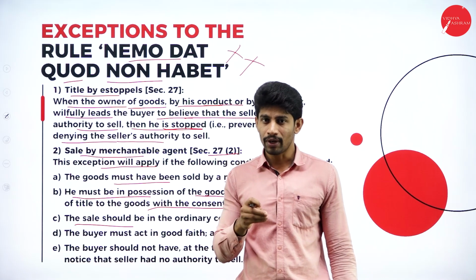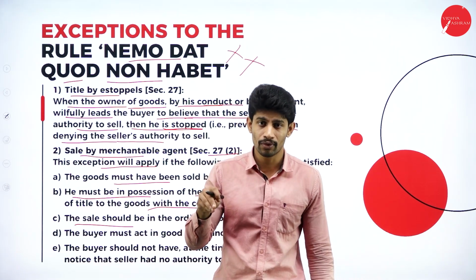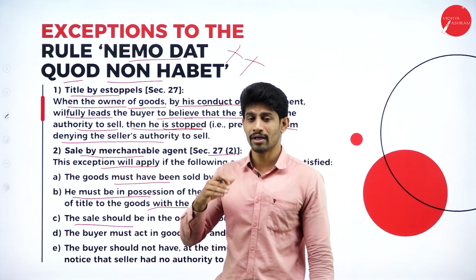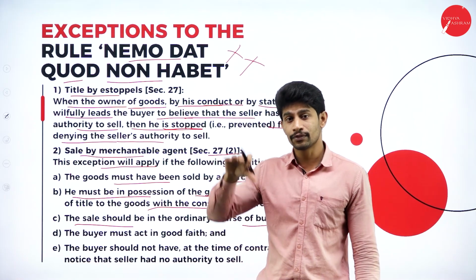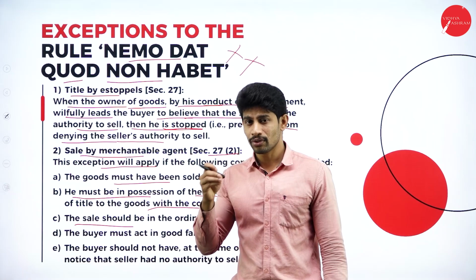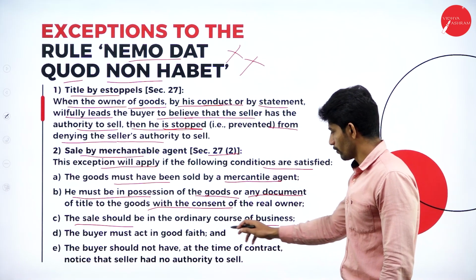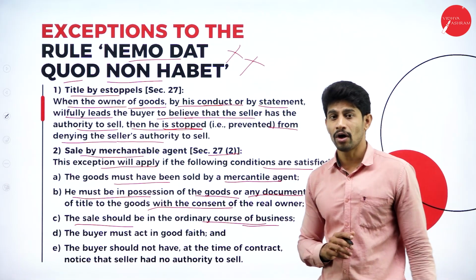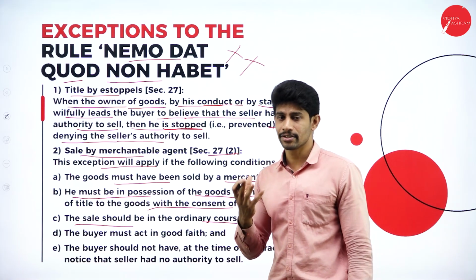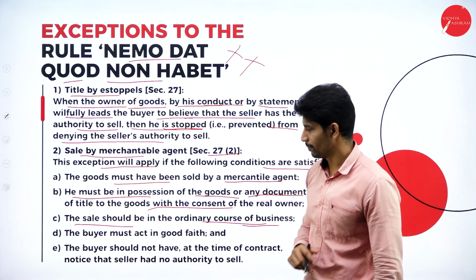You need not ask the shopkeeper whether he is the owner, whether he transferred the ownership to his name or not, or whether he is supposed to take the consent of the actual owner of the shampoo company. No. So if it is an ordinary course of business, then easily you can buy the product without any hesitation or confusion. At that time, this rule is not applicable.